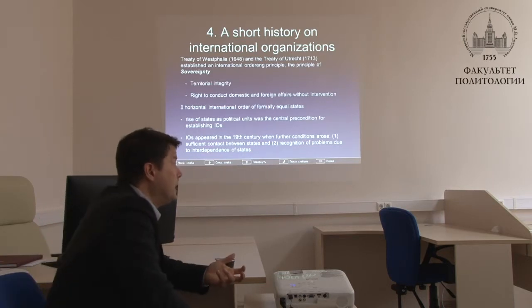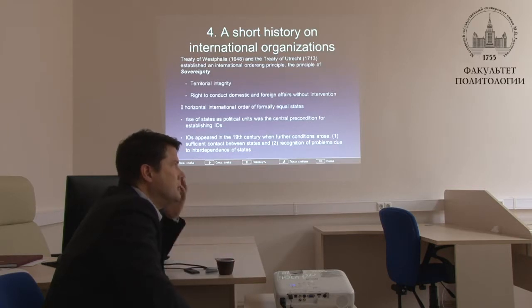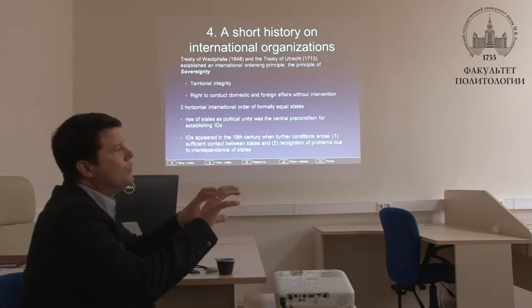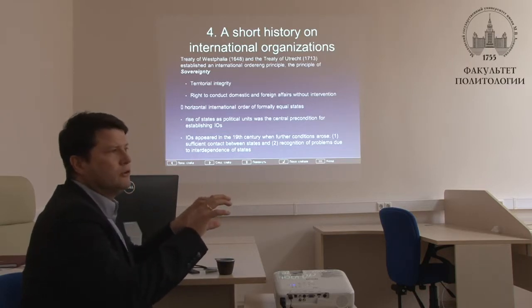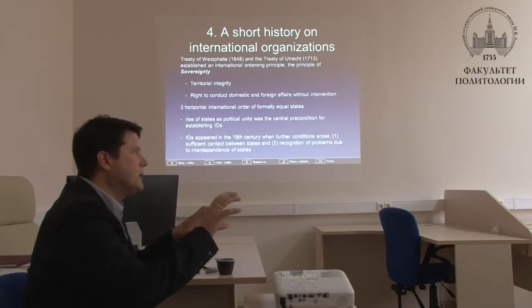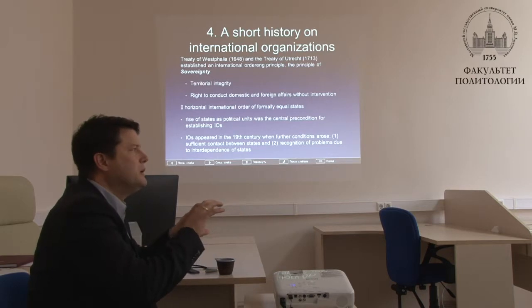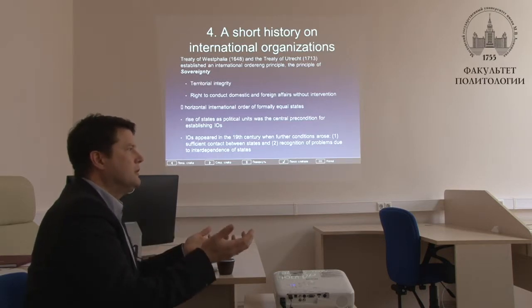First of all, you have to have a certain amount of contact between the states. For example, take Russia and Germany. If there were no contact whatsoever between the two countries, so no economic contact, no cultural contact, nothing, there would be no reason to have an agreement on something.